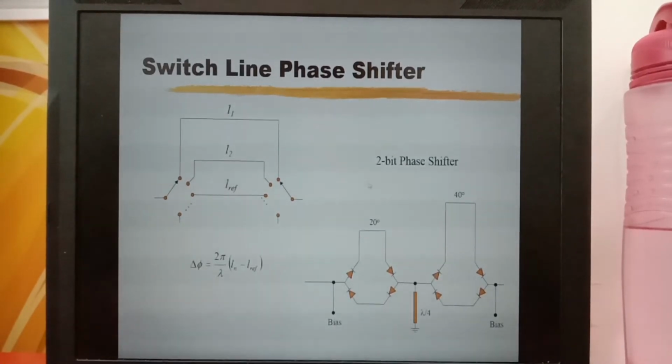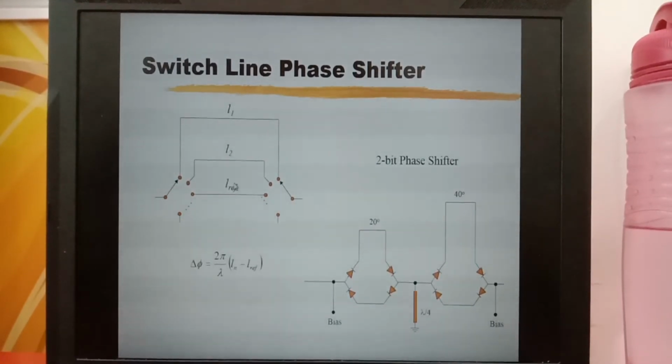A switch can be combined with transmission line with different length to make a phase shifter, a variable phase shifter. As we know, different length of transmission line will give rise to different delay or different phase shift.